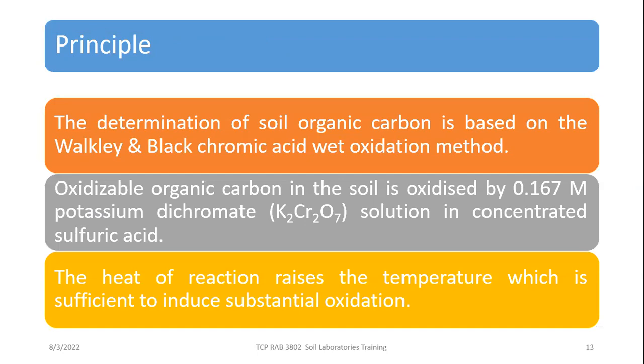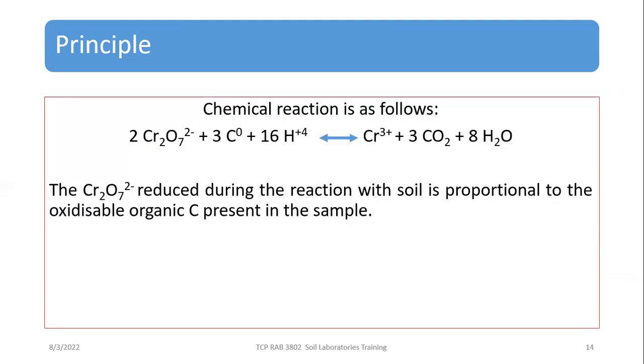So this determination of soil organic carbon depends on the Walkley and Black method, the chromic acid wet oxidation method. The oxidizable organic carbon in the soil is oxidized by potassium dichromate in concentrated sulfuric acid. The heat of reaction raises the temperature, which is sufficient to induce substantial oxidation.